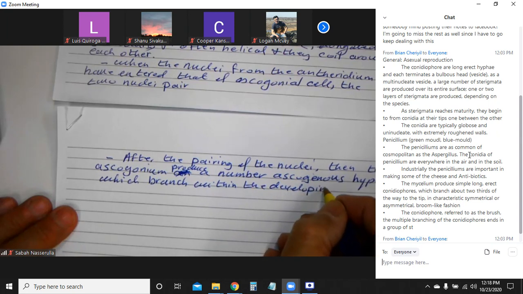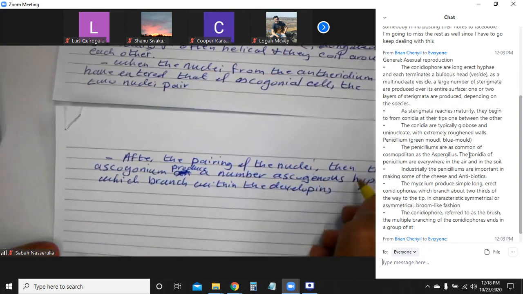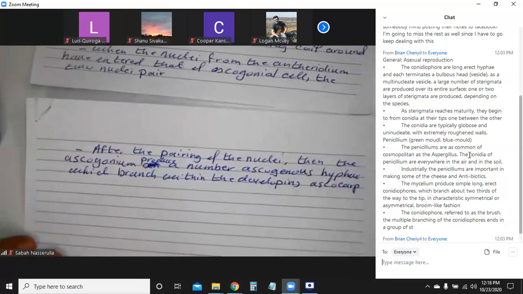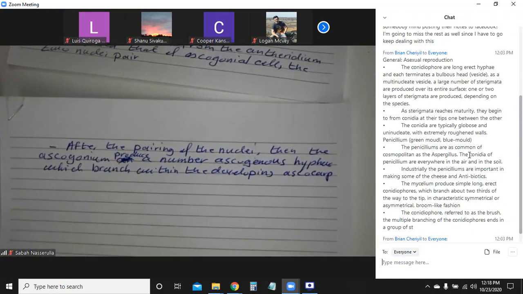I will explain this to you. Just give me a second here. These hyphae branch within the developing ascocarp, all right?